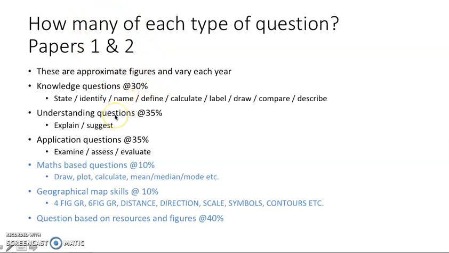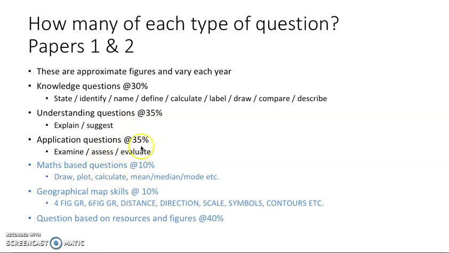We then have the understanding questions, the explain and suggest, and these total around 35% of the marks. Getting these correct along with these as well is moving you to the grades 5 and 6. The questions that we're looking at now, the assess and evaluate, are worth another third of the marks, and this is going to be pushing you towards the grades 7 to 9s if you do well in those.